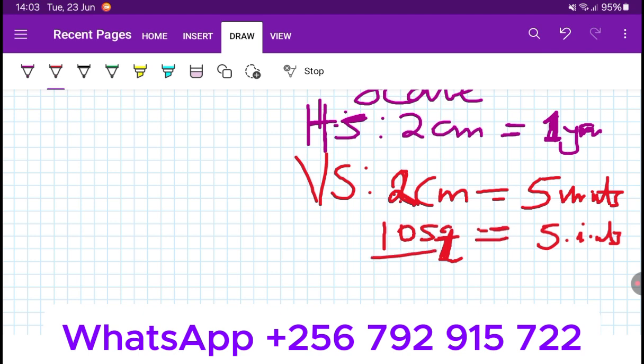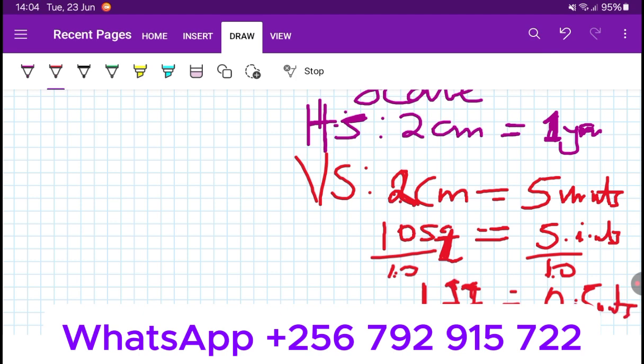You divide this by 10, even this by 10. Whatever you get is the value for each square. And one small square is actually equaling to a half, 0.5 units.